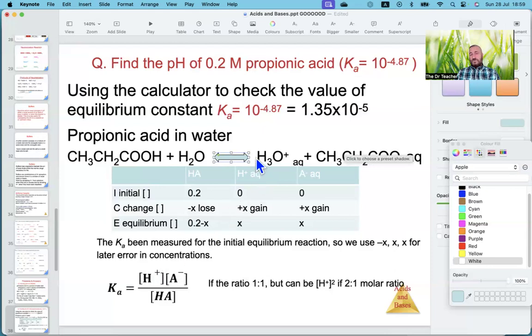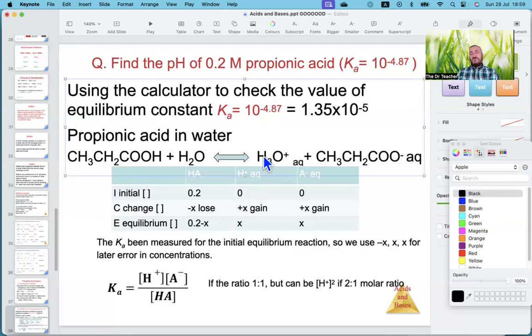But because there is 1 mole, it's a ratio of 1-to-1. Most acids are in a ratio of 1-to-1, unless we balance the equation and see how many moles there are, and then we can apply it to the top.